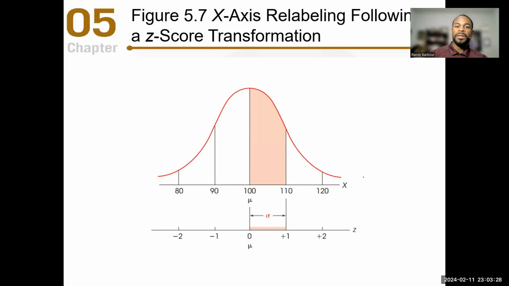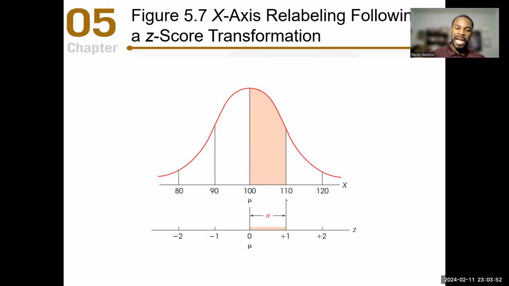So again, for your x-axis, all you're doing is taking your standard deviation. In our previous example, we had a mean of 100 and a standard deviation of 10. So every standard deviation increases by 10 points.